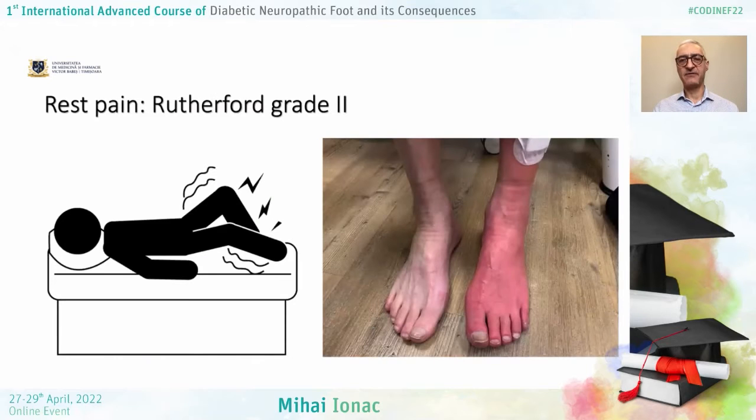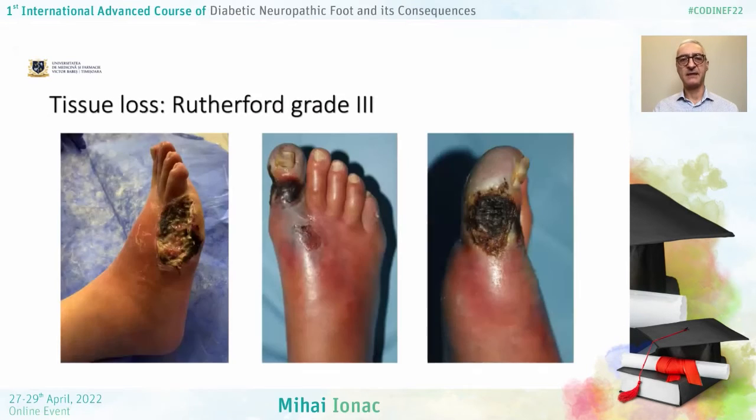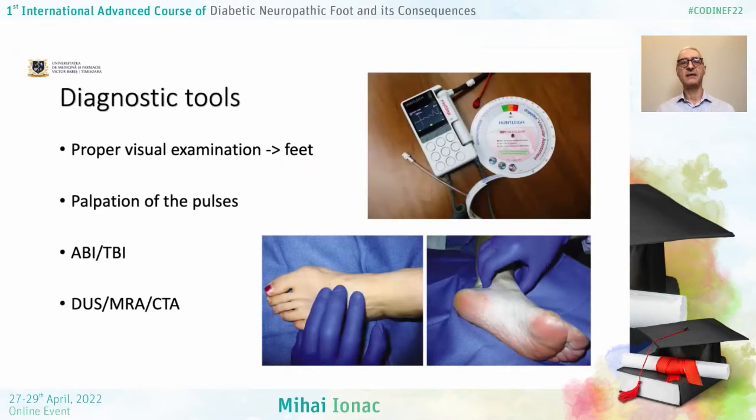We all have learned this during our medical study. I will not go deep into that, but they connect to the topic of my talk. They connect with the degree of the values that we find when we use the diagnostic tools. What is very important is that the diagnosis of peripheral arterial disease can be done clinically.